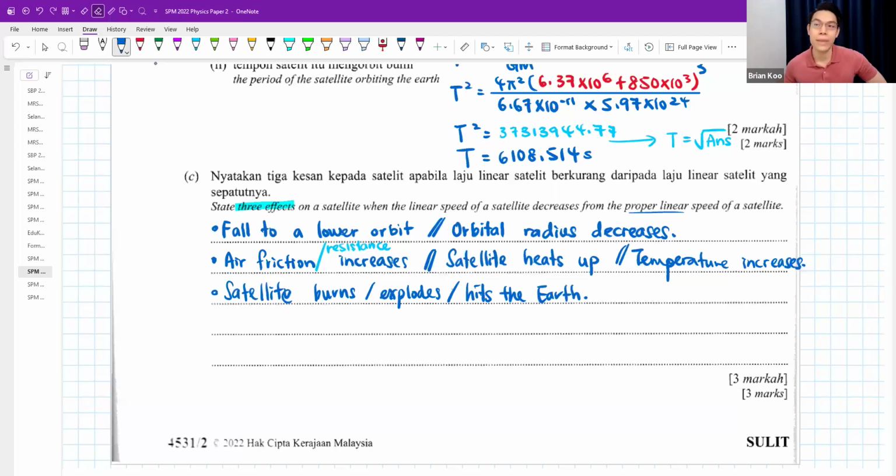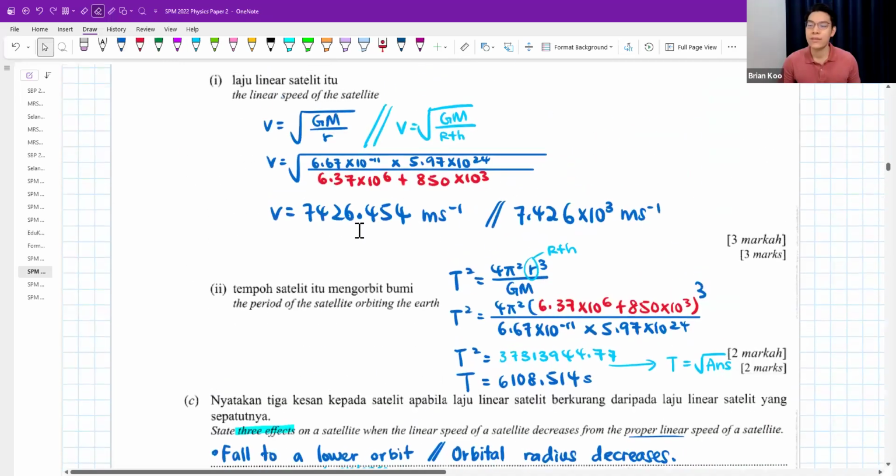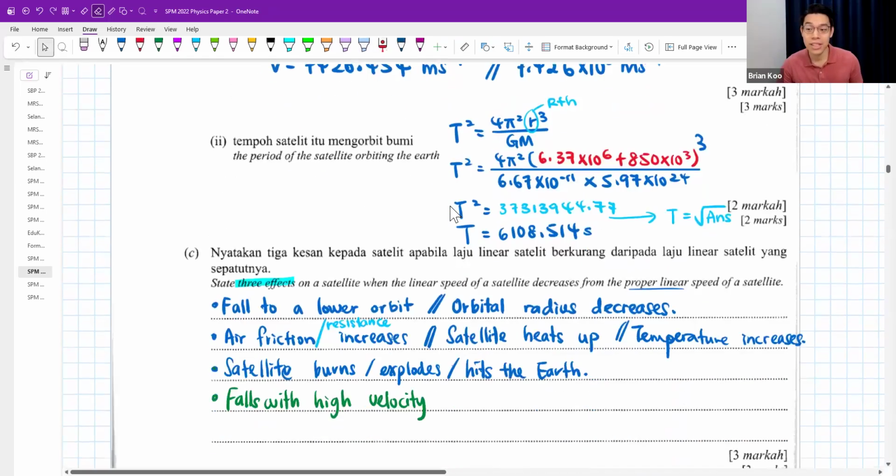But other than that, there are some extra points that you can also say that they also accept. I feel this one is a bit out of the box, thinking out of the box a little bit. As it falls down, it is falling with quite a high velocity. What happened to the satellite? You say the satellite falls with high velocity because it's moving quite fast. Even if it doesn't follow the exact speed of 7,426 meters per second, let's say it's traveling a bit slower, 6,000 something, it's still very fast. 6 km every second, still very fast.